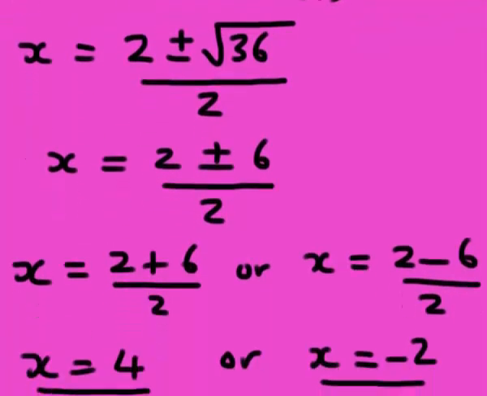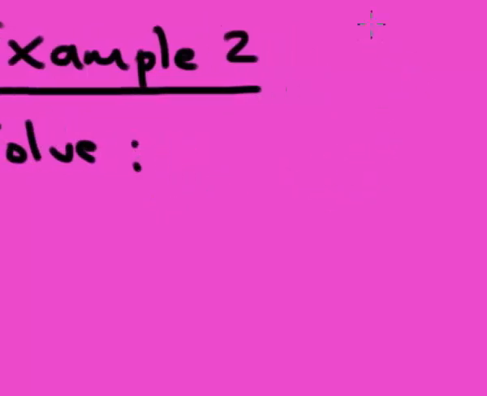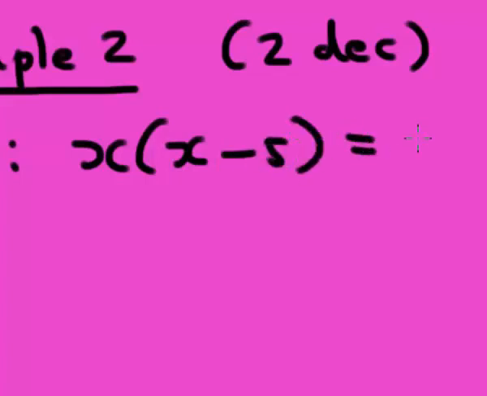But where does the quadratic formula really feature? They always ask this in the trick. It's in an equation like this. Let's have a look at example 2 quickly. In example 2, they say solve for x, so you've got to solve this equation, or determine the roots of the equation rounded off to 2 decimal places, and they give you this equation: x multiplied by x minus 5 is equal to 2.